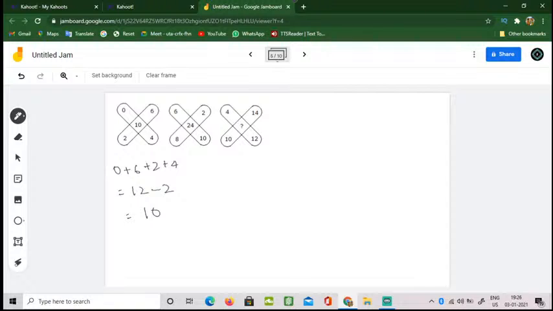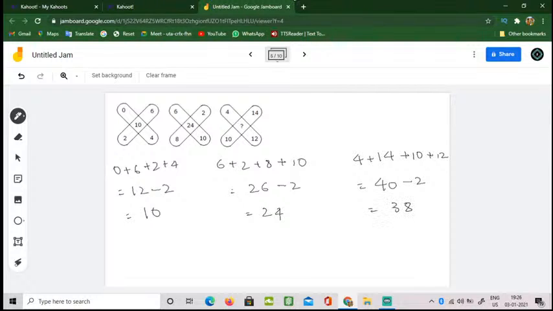And here the second one, 6 plus 2 plus 8 plus 10. You'll get 26, and if you subtract 2, you'll get 24. And the next one here is 4 plus 14 plus 10 plus 12. You'll get 40, and if you subtract 2, you'll get the answer as 38.